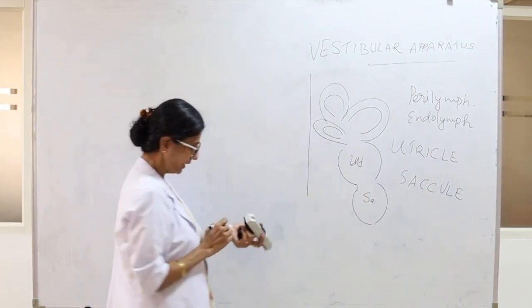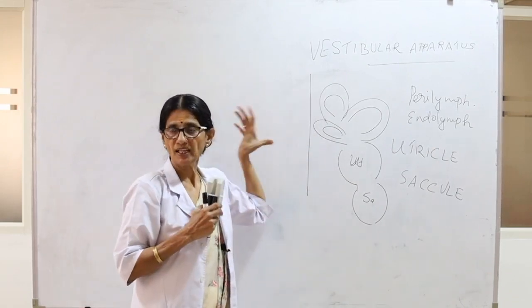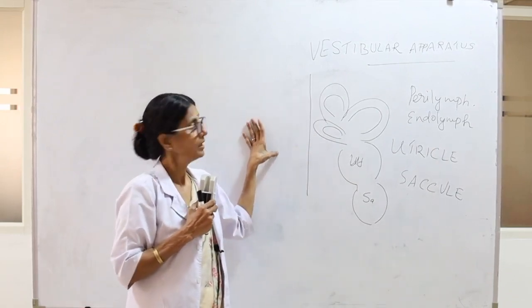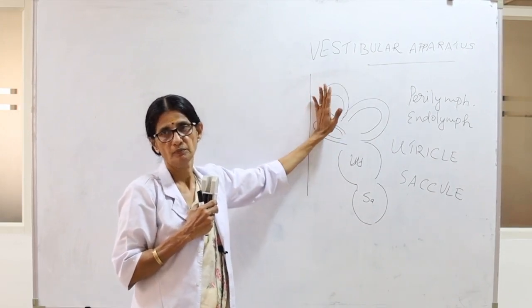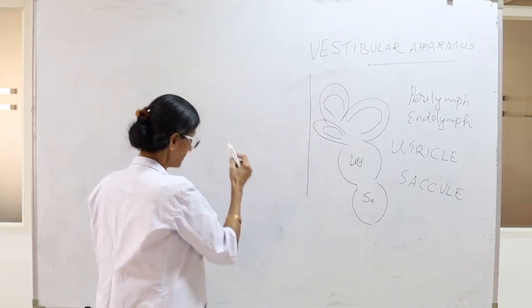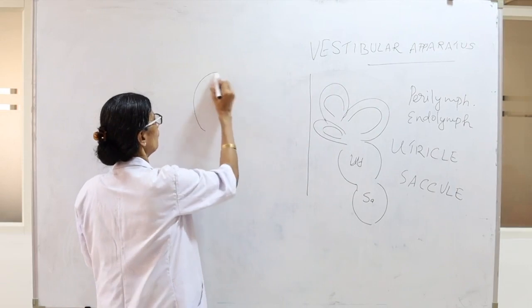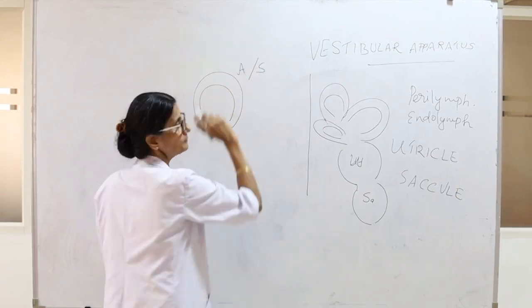And now we will go into the details of the semicircular canals, where these canals lie perpendicular to each other. Follow. These semicircular canals are named as follows: one is the anterior one, otherwise called the superior one.